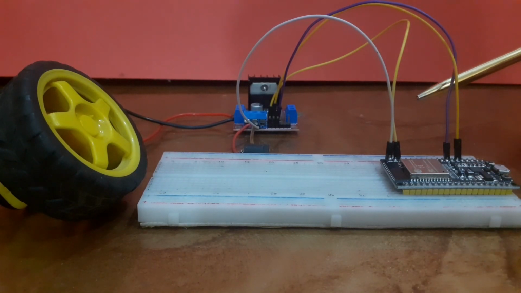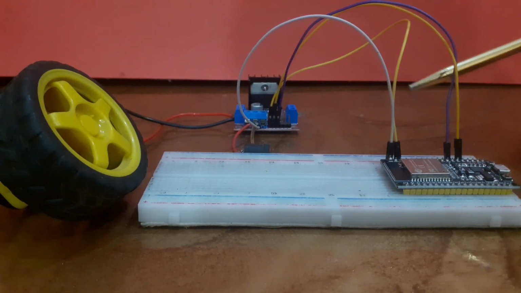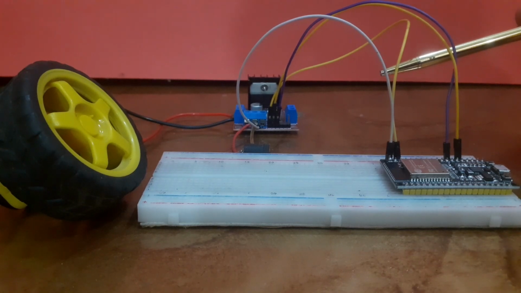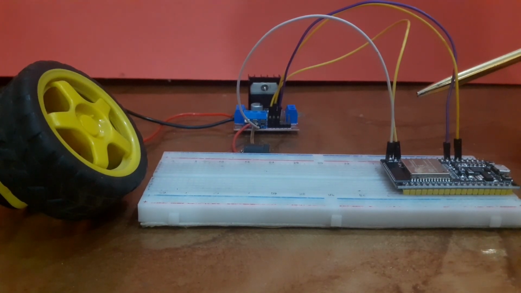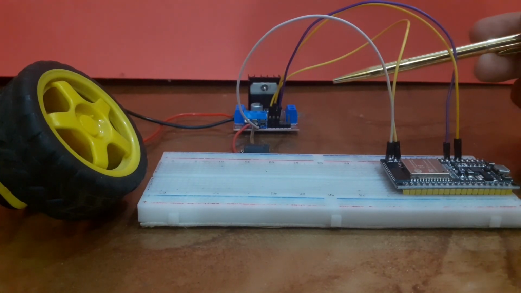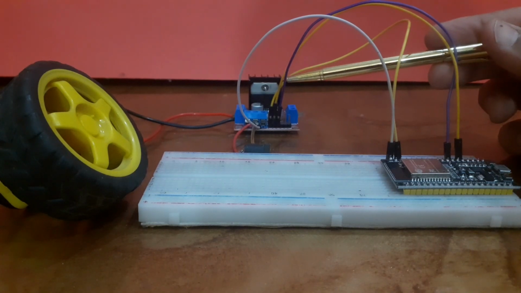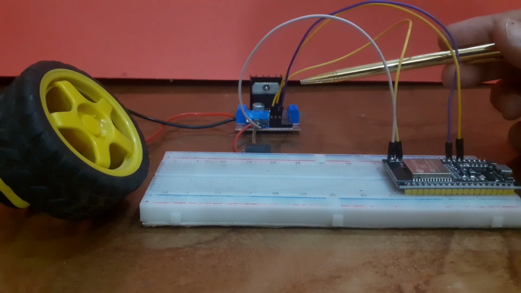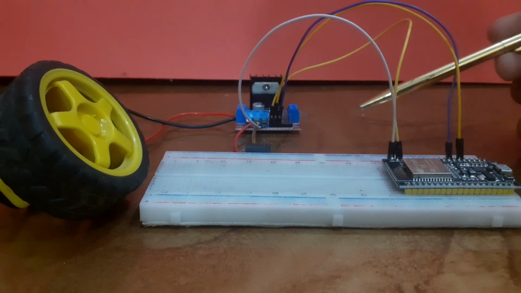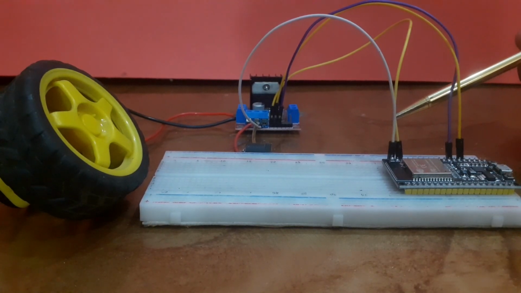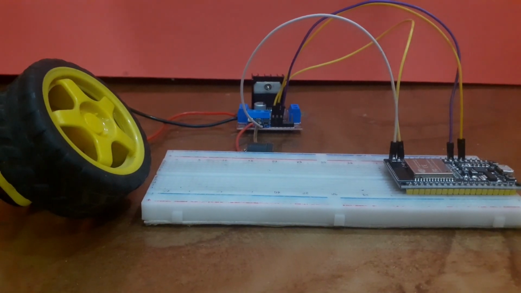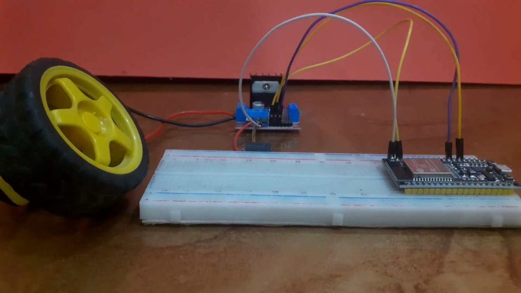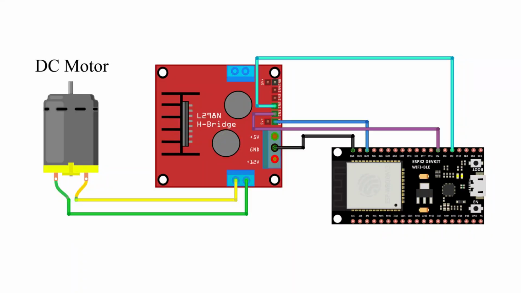Connect the IN2 pin of the L298N module to GPIO pin 4 of the ESP32. Connect the enable PWM pin to a PWM capable GPIO pin like GPIO 22. Motor leads are connected to the output terminals on the motor driver, and don't forget to connect the ground pin to a common ground between your microcontroller and motor driver.